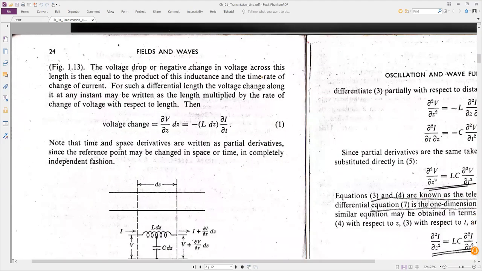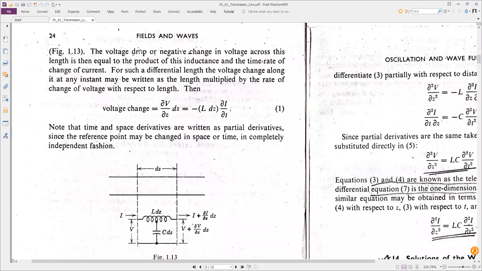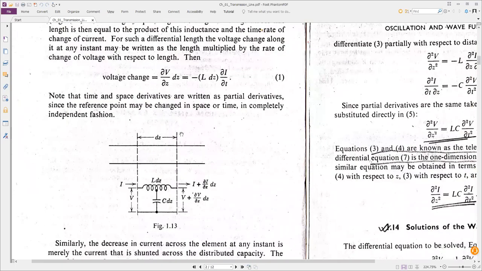Now see the voltage drop. Look at the figure here carefully. Instead of this one, we can write this equivalent circuit.